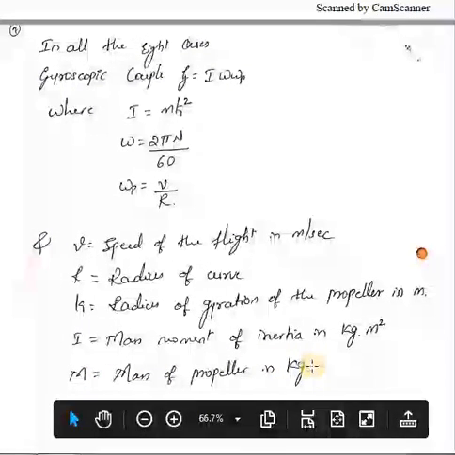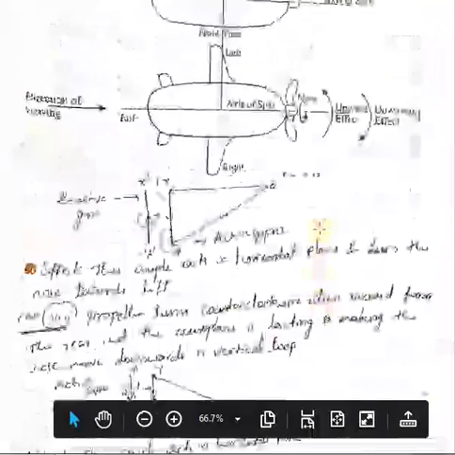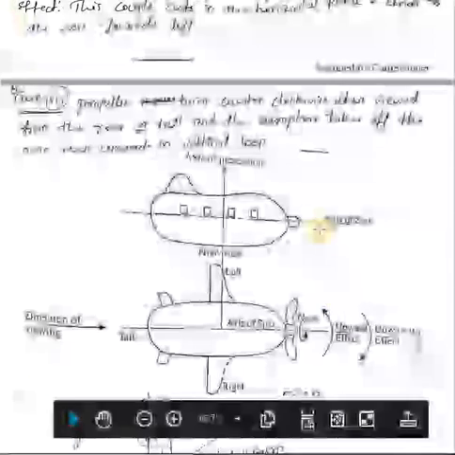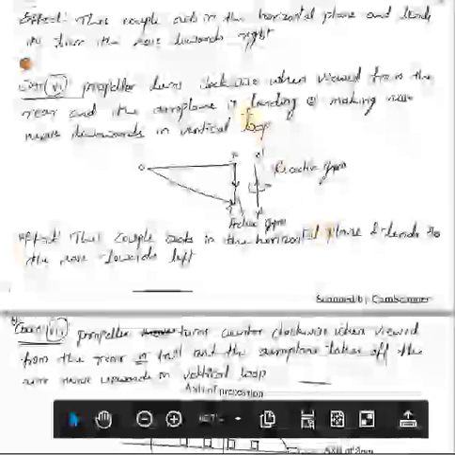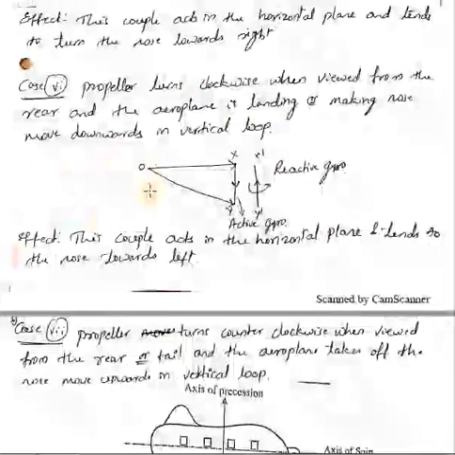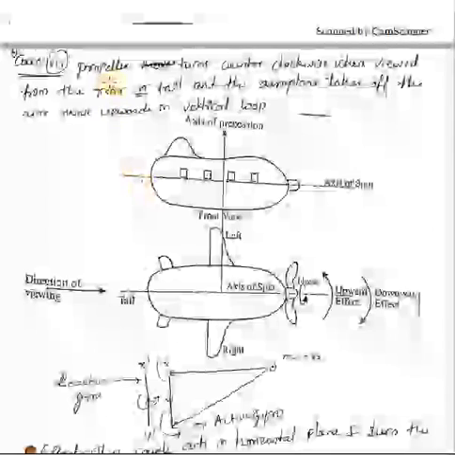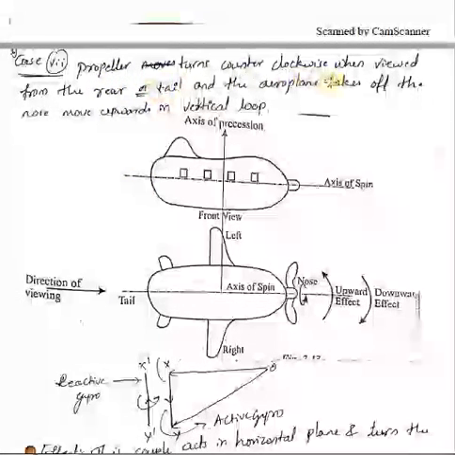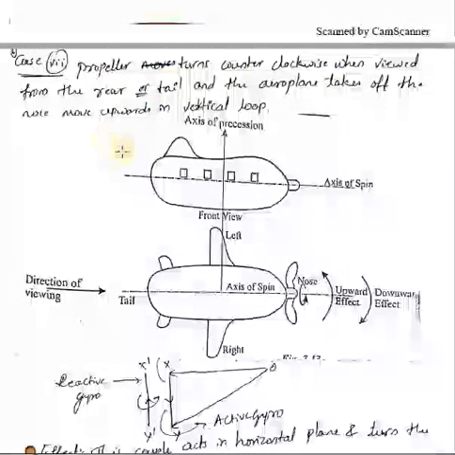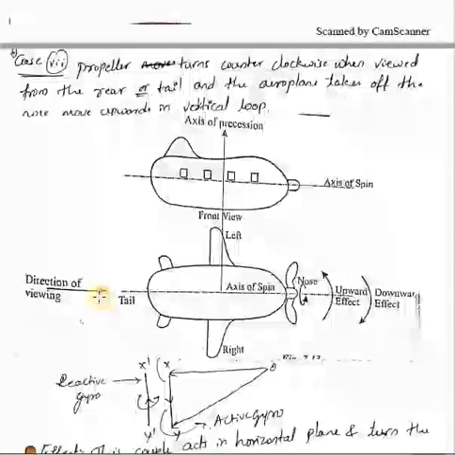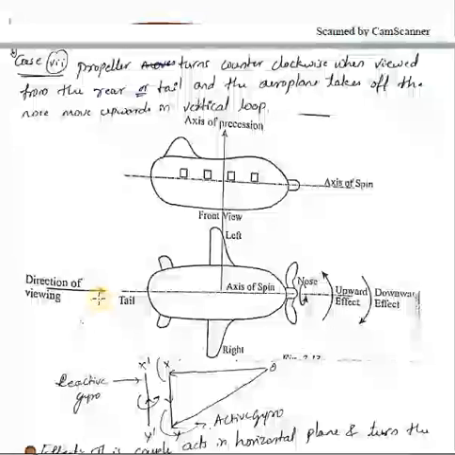The only thing you need to remember and understand is the direction of the propeller and the direction of the observer, that is, in which direction you are moving the plane. If you take this case, the propeller turns counterclockwise when viewed from the rear end. When you are viewing from the rear end, the propeller is rotating in counterclockwise direction.